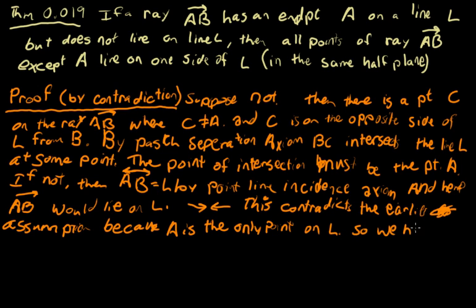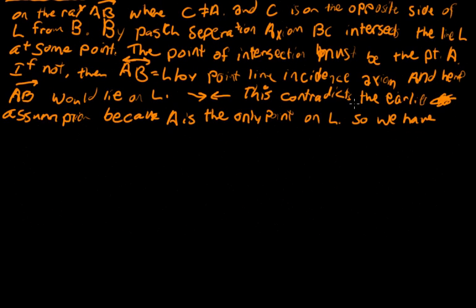So let's draw a picture of what we have so far. Let's get the line L. A, put B over here, and we'll put C over here. So this is what this would have to look like.